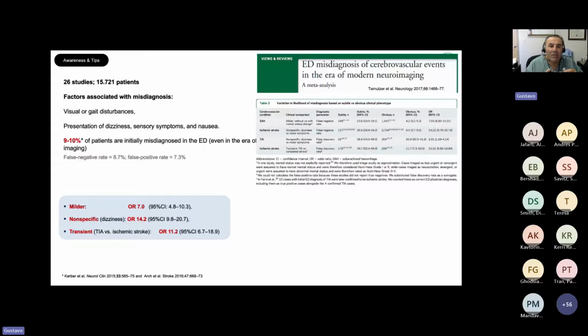And what they found essentially is that when symptoms are milder or non-specific, and we are talking about headaches or seizures or dizziness, or transient symptoms, they were more likely to be misdiagnosed, so not making a diagnosis.